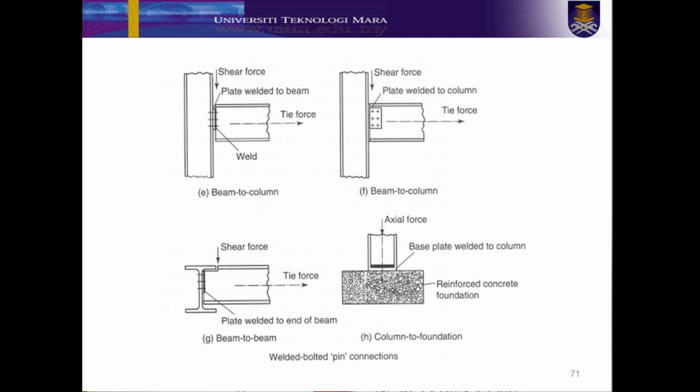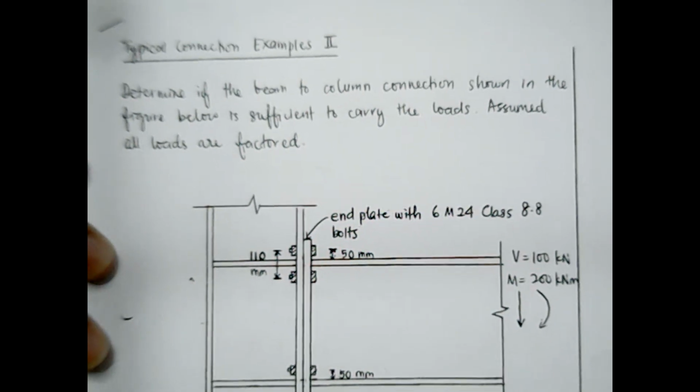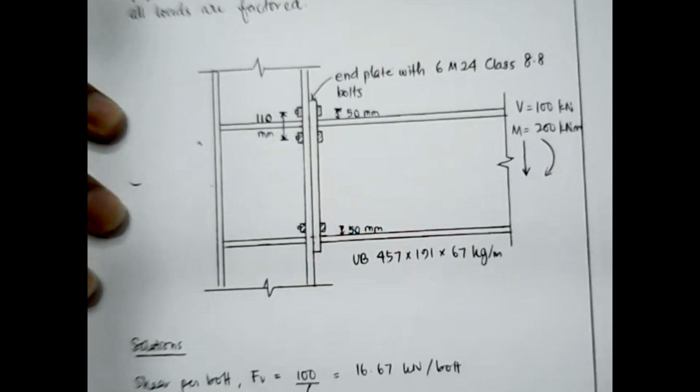I will explain based on this example, and the rest of the examples will be given in soft copy mode, where you can download and refer to how to design other types of typical connections. Without further ado, let's look at our first example for typical connections.